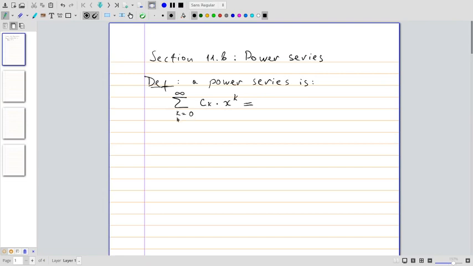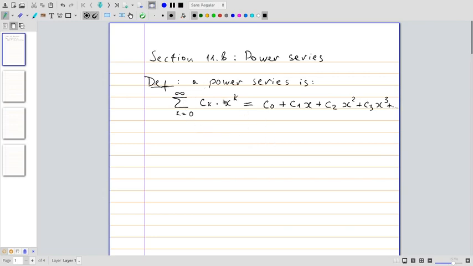The very first term has k equal to 0. We have c0, and it is multiplied with x to the 0th power, so effectively no x's at all, plus c1x, so that would be x to the first power, plus c2x squared, plus c3x cubed, and so on.